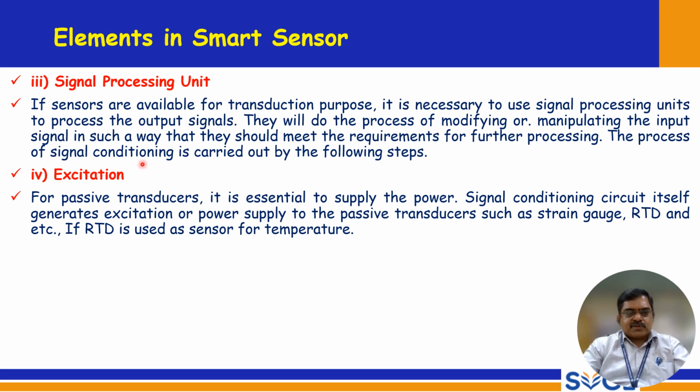The process of signal conditioning is carried out by the following steps. One is excitation. For passive transducers, it is essential to supply power. The signal conditioning circuit itself generates excitation or power supply to passive transducers such as strain gauge, RTD, etc., if an RTD is used as the sensor for temperature.